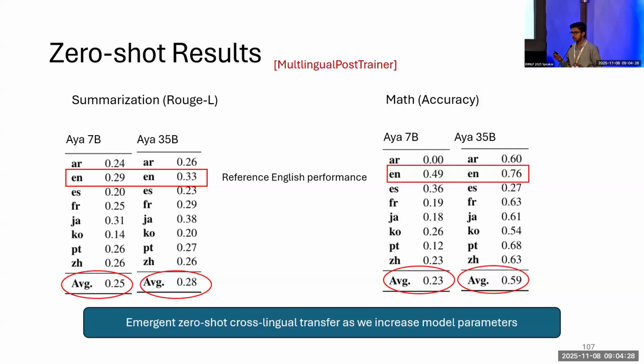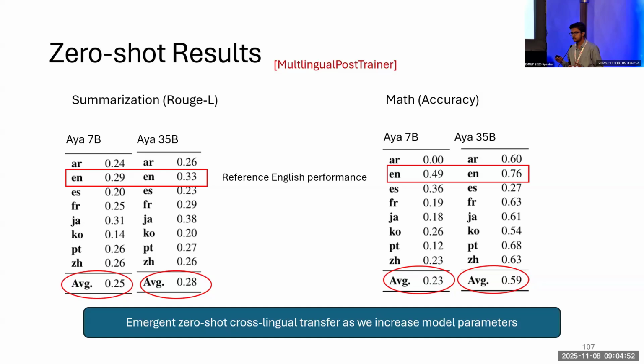These are results on the Aya 7B and 35 billion variants, and we fine-tune it only on English. And this only makes sense because Aya is already pre-trained multilingually. So yeah, we do see some cross-lingual transfer happening even without any non-English fine-tuning. If you see the red box, that's the reference English performance.